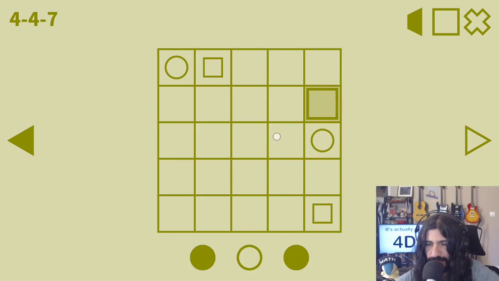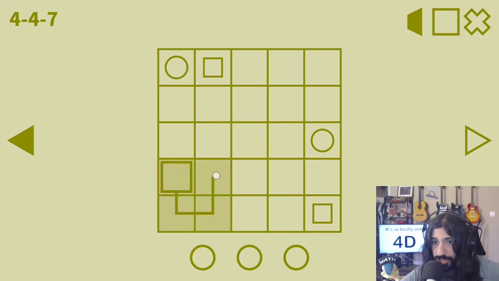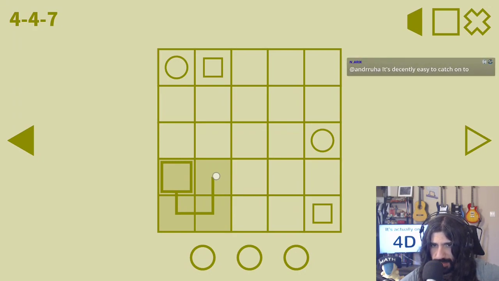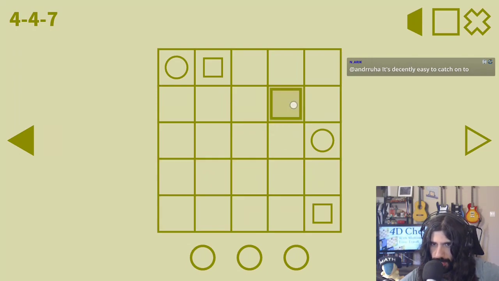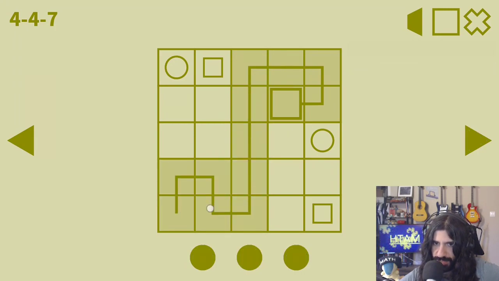I can't actually cover this up, because if they're going to be in the same shape, which I'm not sure that's the rule, I'm just guessing. Okay, hold on. What if we did this? Yay! Okay, same shape. All right, I did the thing.